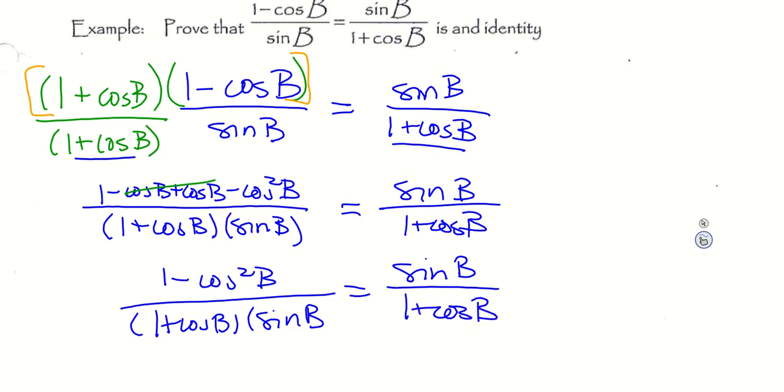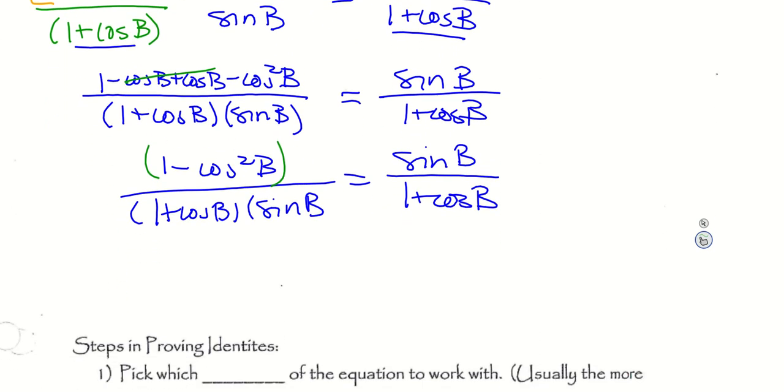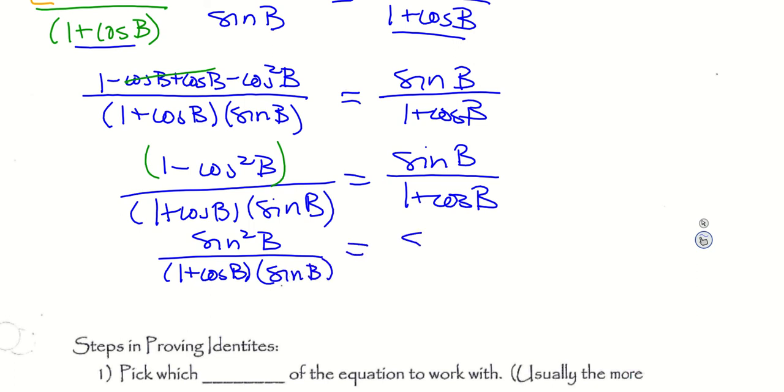Well, what is that 1 minus cosine squared of b? Isn't that the Pythagorean identity I was wishing I had? I take that and I replace that with a sine squared of b over my 1 plus cosine of b times my sine of b. I want that to equal the sine of b over 1 plus the cosine of b.